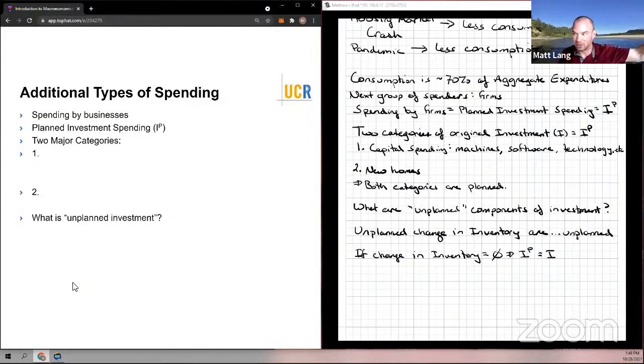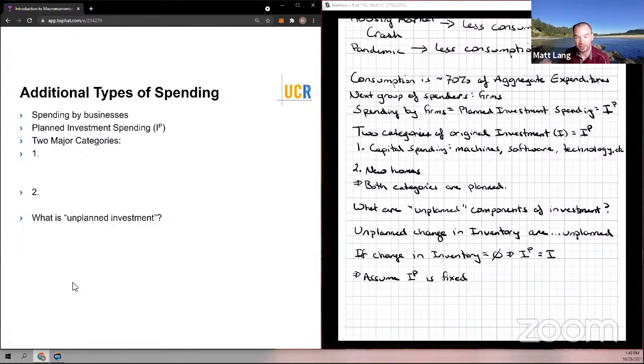Before, when we were talking about consumption, consumption was just equal to consumption from before. So that's no different than it was. Here, our planned investment spending is slightly different than our original investment, potentially, but if there's no change in inventory, then they're equal. What's nice about this investment is we are going to assume that planned investment spending is fixed.